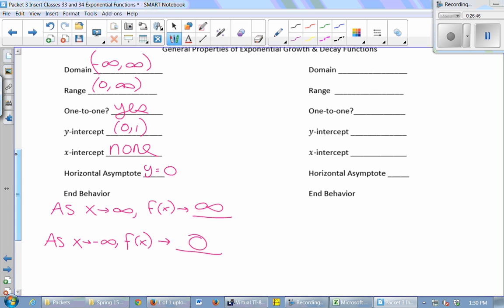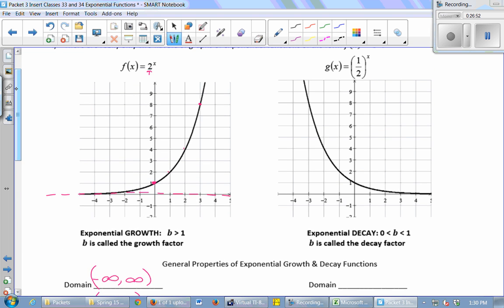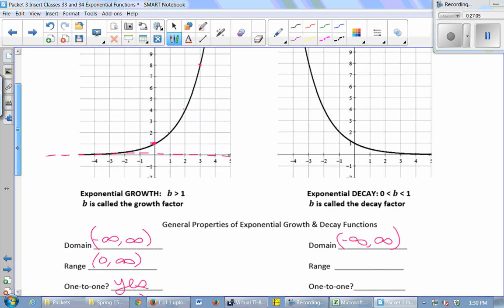All right, let's answer the same questions for the decay graph. What's the domain of this picture? Negative infinity to infinity. It still lives on all x values. Okay. And what's the range?